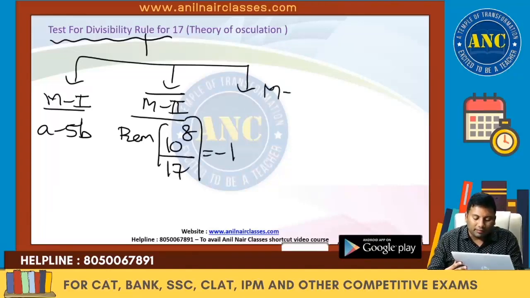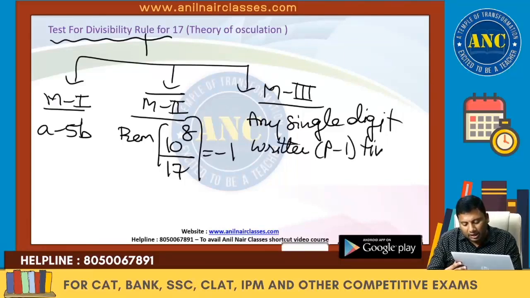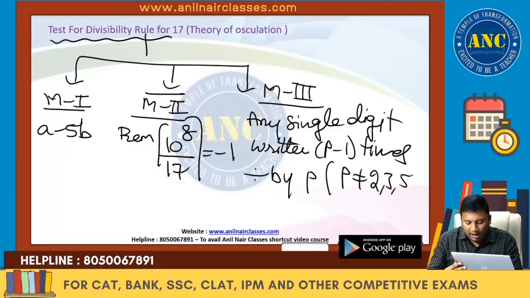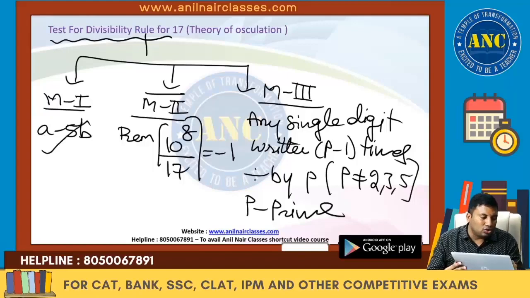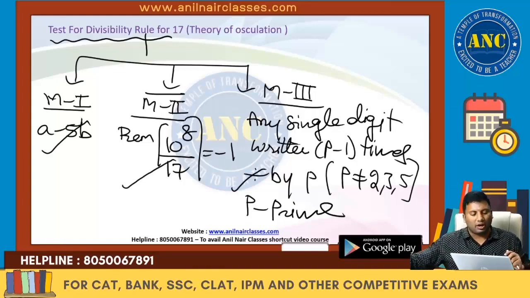Method number 3, any single digit number written p minus 1 times is always divisible by p, not equal to 2, 3, 5, and p is a prime number. Depending upon the question, you choose method 1, method 2 or method 3. Crystal clear clarity in any of these questions. I hope it is clear.